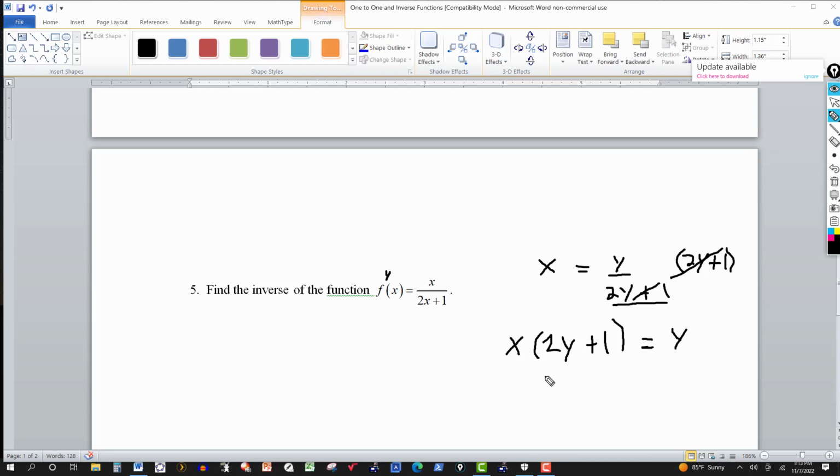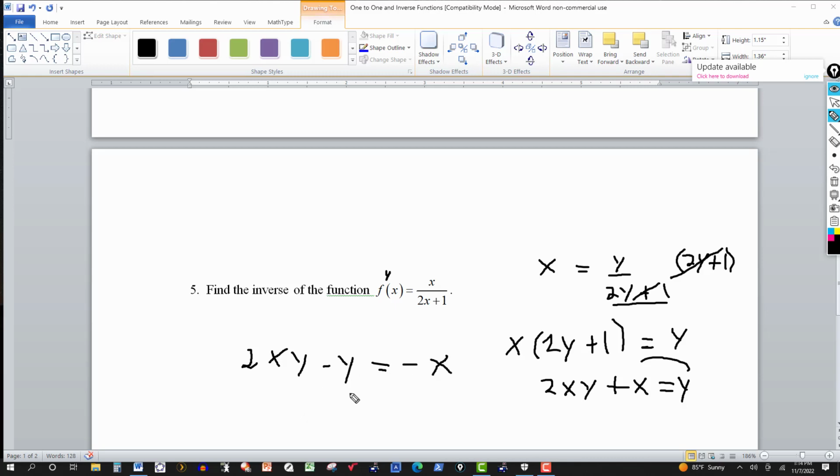Then we multiply through by x, so this will give me 2xy plus x is equal to y. Then we're solving for y, so we want the y's on one side and everything else on the other side. So let's bring this y over to this side, which changes the sign. So this will be 2xy minus y, and then you take the x over, that's minus x.